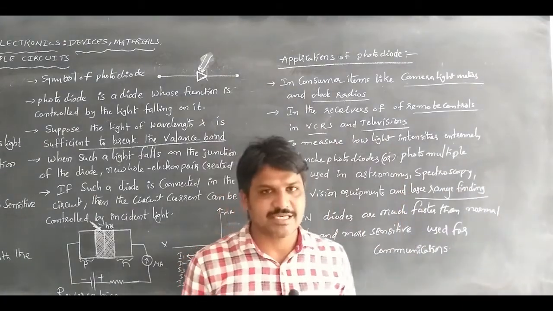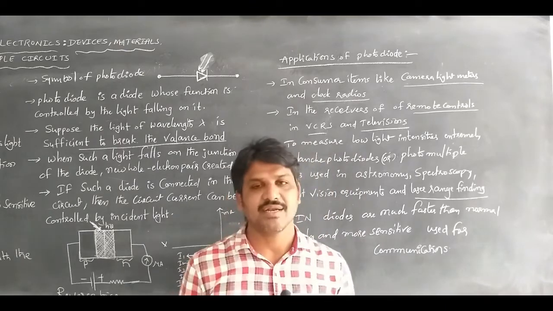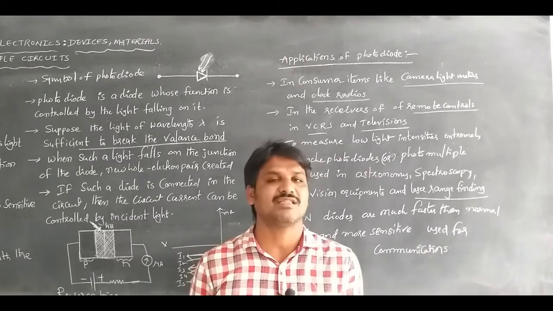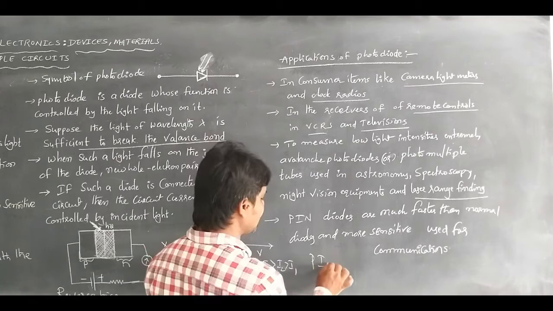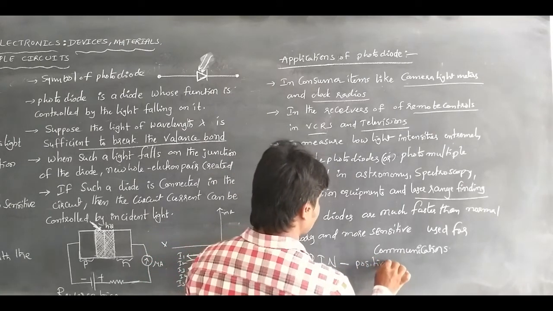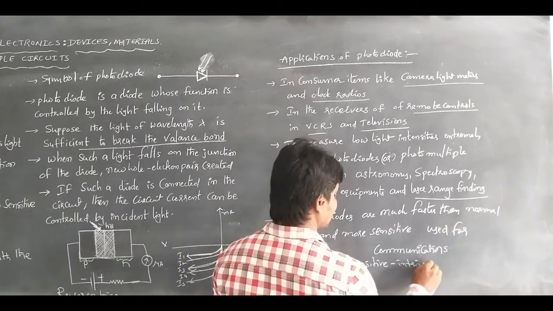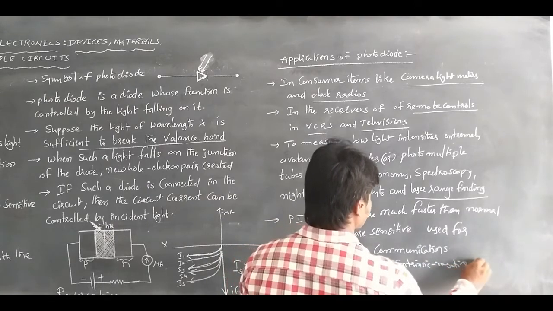Pin diodes are much faster and more sensitive than the PN junction diode. Pin diodes are faster and sensitive, so they are used for communication purposes. PIN means positive intrinsic negative diode.